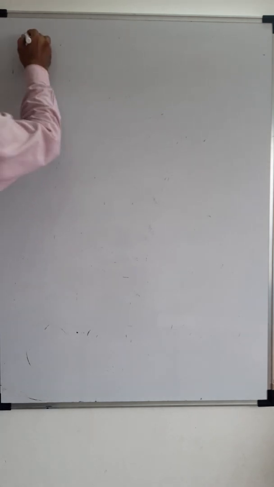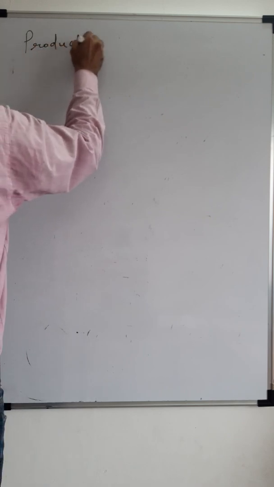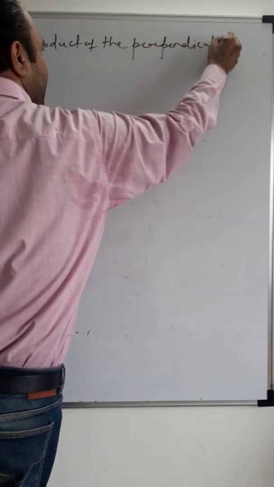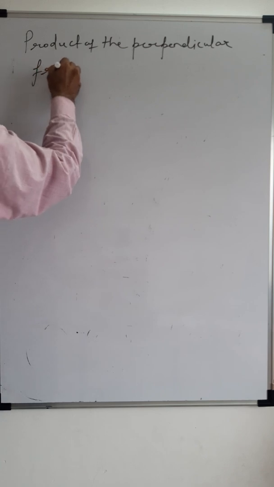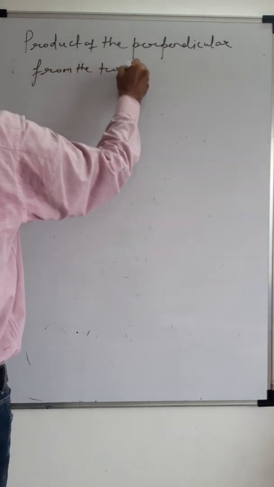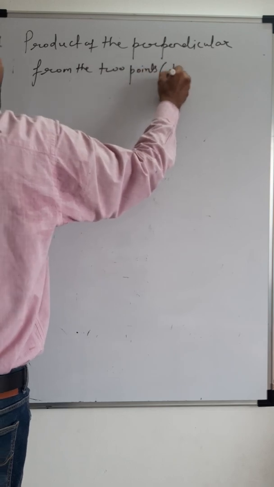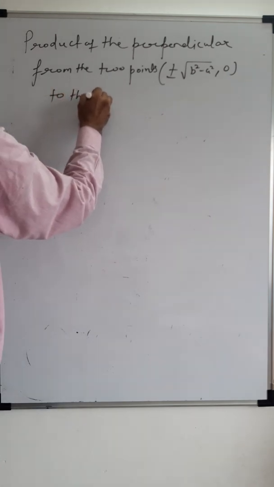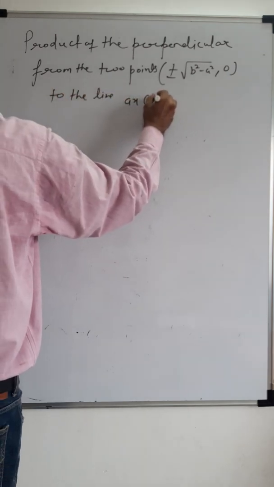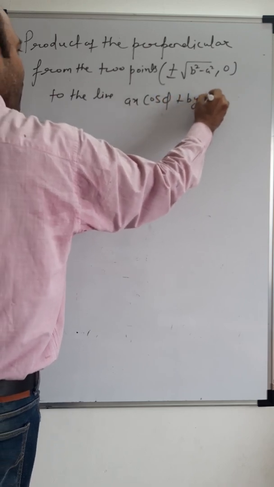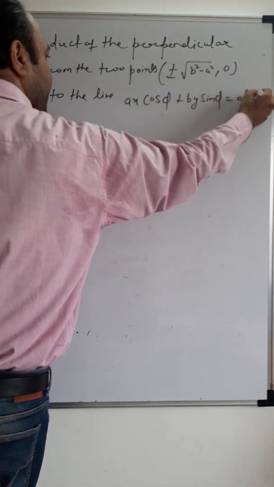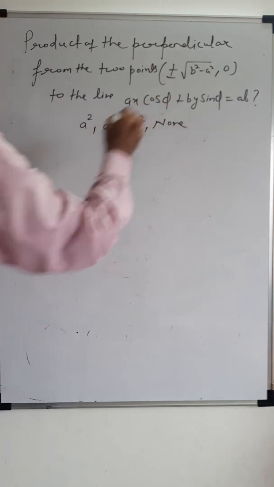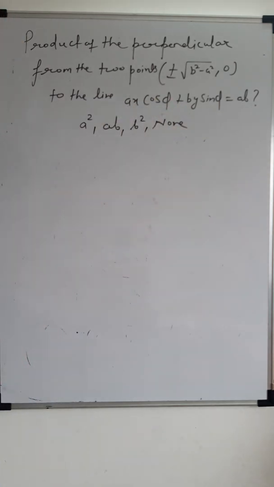The product of the perpendiculars from the two points to the line is... options are given this way. The product of the perpendiculars.